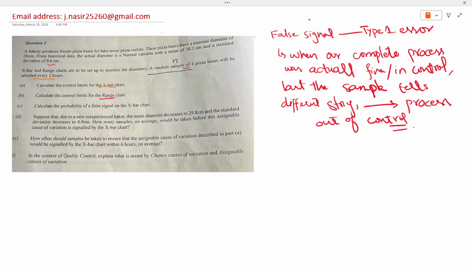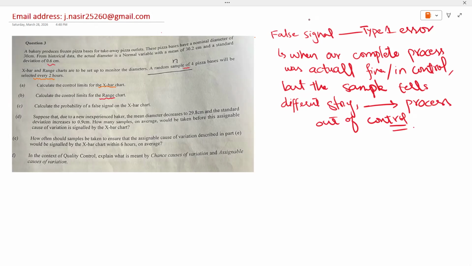So in the C part, you need to calculate the probability of this false signal happening. We are trying to quantify it. If there's a margin of error, can we assign some number? Can we know the probability of the false signal happening?